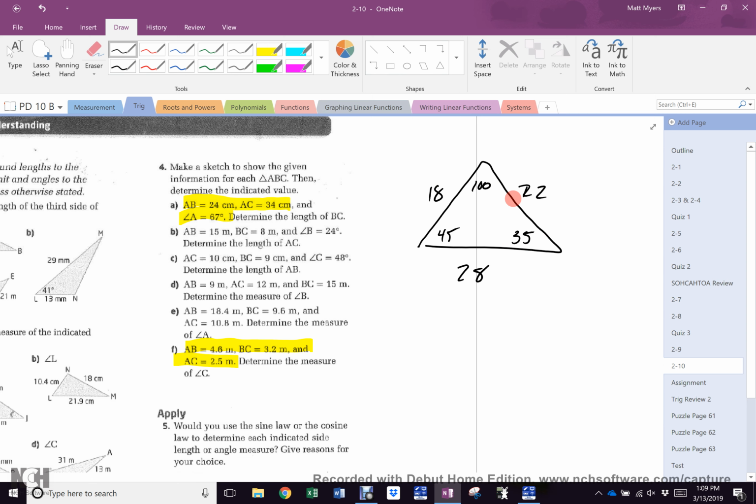If you drew that triangle for me, do you think that you would lose marks from me because that is obviously not a 100-degree angle? Of course not. So do not stress. Just draw a triangle. Okay?